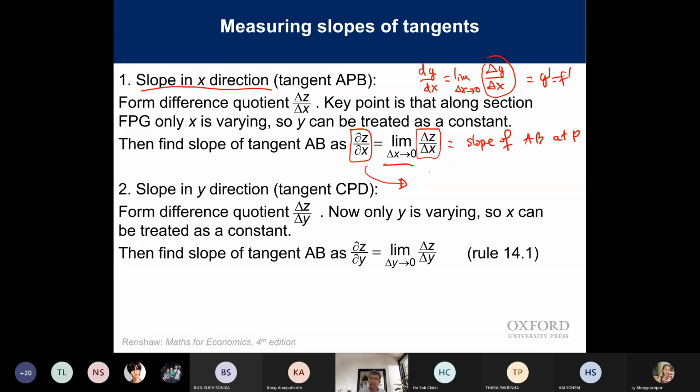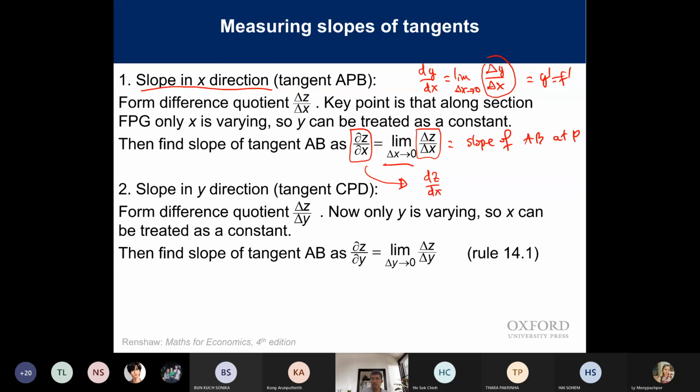But you may complain that, okay, why don't we denote it by dz over dx rather than this stupid notation? Actually it's a Greek letter, it's called del, but it's still something related to d, right? So when we are working with the slope or derivative, d is kind of special because to come up with derivative, we're doing difference, right?